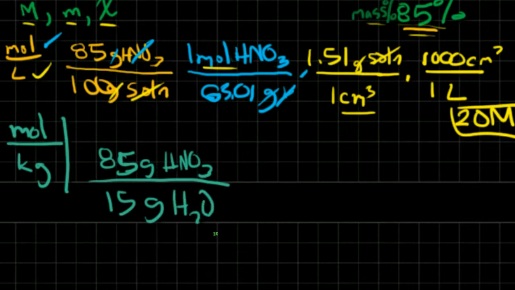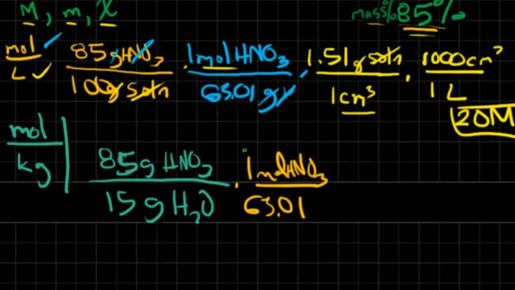Okay. Now with that, what I can do is I'm going to say I want moles and I want kilograms. So for that I'm going to say 85 grams. Well, I want 1 mole. We just did this up here, right? Of HNO3 over 63.01 grams of the same stuff.